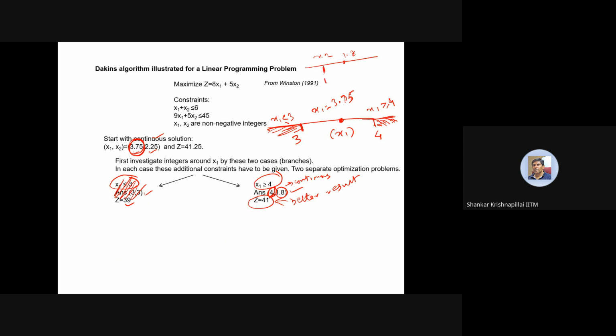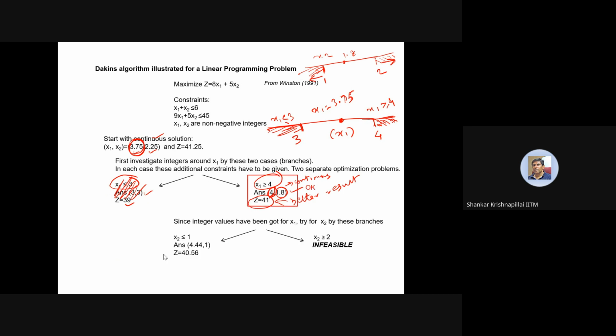Okay, so this is 1, this is 2. So x2 should be less than or equal to 1 and x2 should be greater than or equal to 2. Okay, we have to investigate these integer regions. So we write two linear programming problems. So here x2 is less than or equal to 1. Another is x2 is greater than or equal to 2.